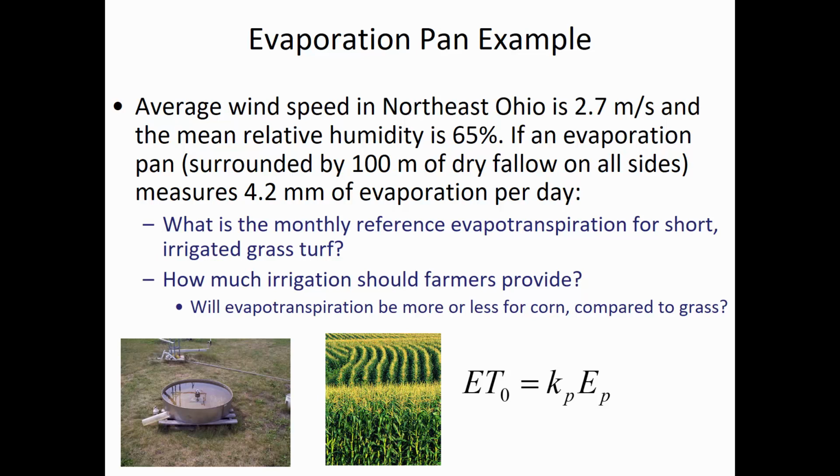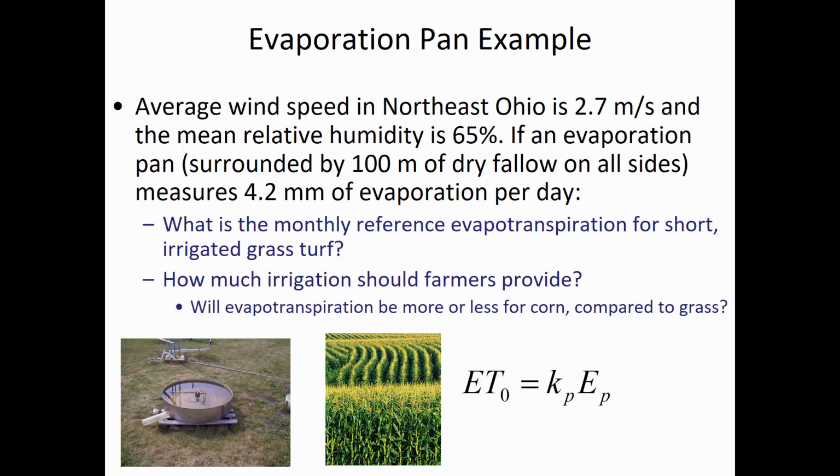The pan itself is measuring 4.2 millimeters of evaporation per day. So that's the E sub P is 4.2 millimeters per day. So the question is, if we have this pan set up and we want to consider what's happening for short irrigated grass turf on a monthly basis, how much evapotranspiration would there be for grass in a month if we have this pan that's surrounded by 100 meters of dry fallow on all sides?